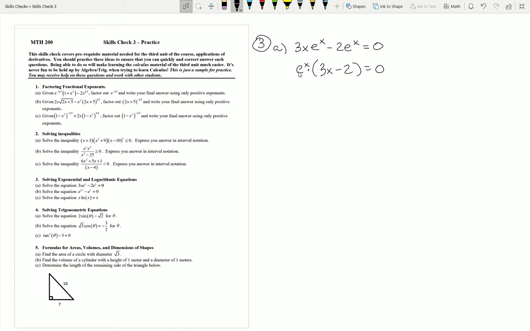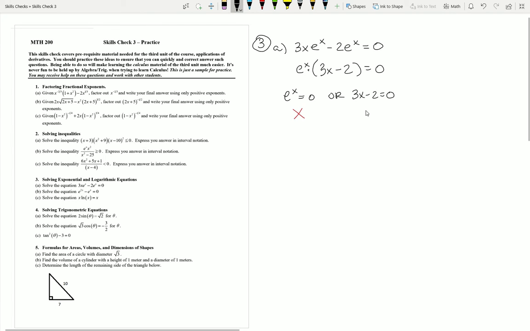Now that I have two items multiplied together to make 0, I know that either one of these items could be equal to 0. So I can quickly set this up: I need either the first item to be equal to 0 or the second item. As we already talked about in example 2, e to the x cannot ever be equal to 0. That's not possible.